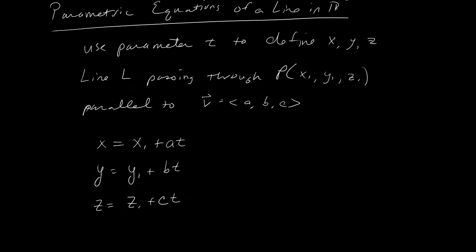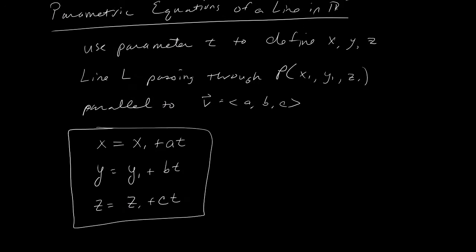Okay, so these are the parametric equations of a line in space. Now, notice that the t in these is all the same t. So it's the same t in all 3 parametric equations.